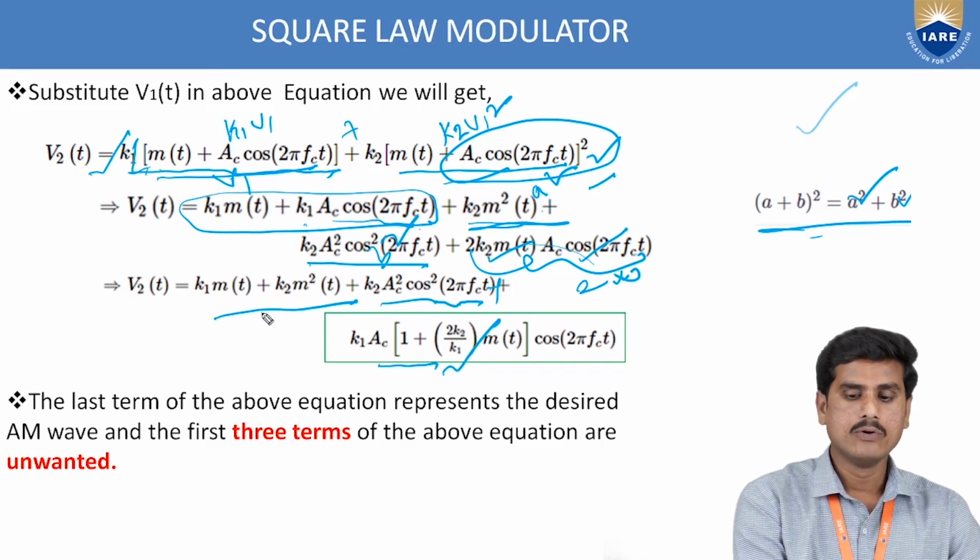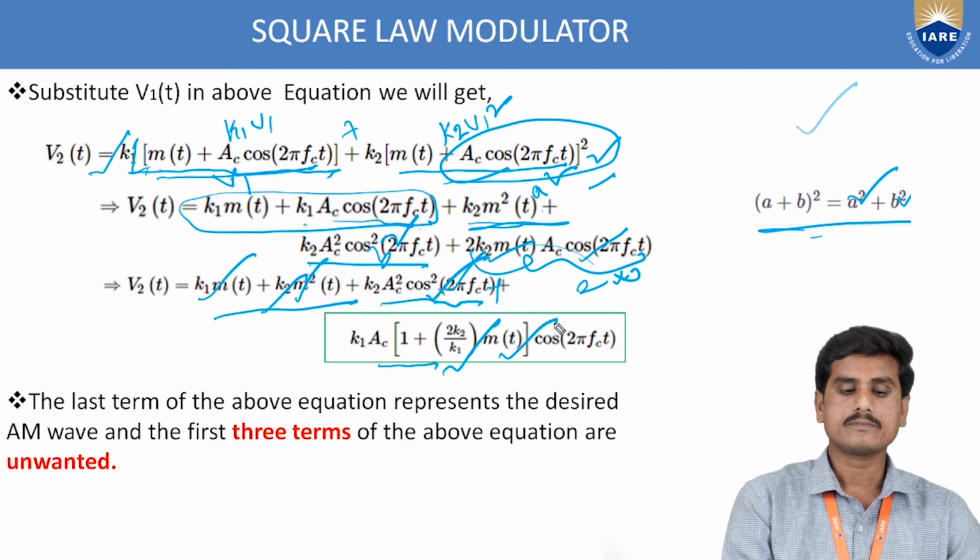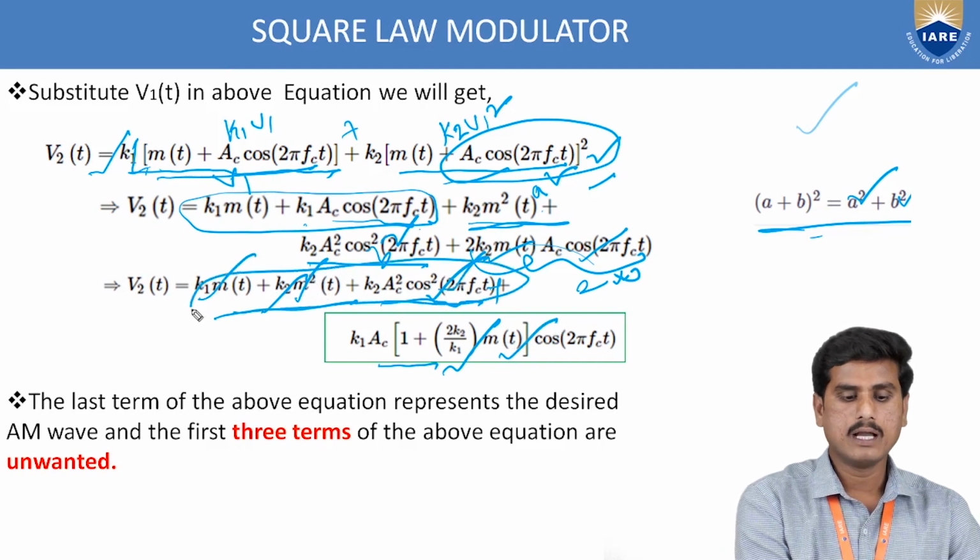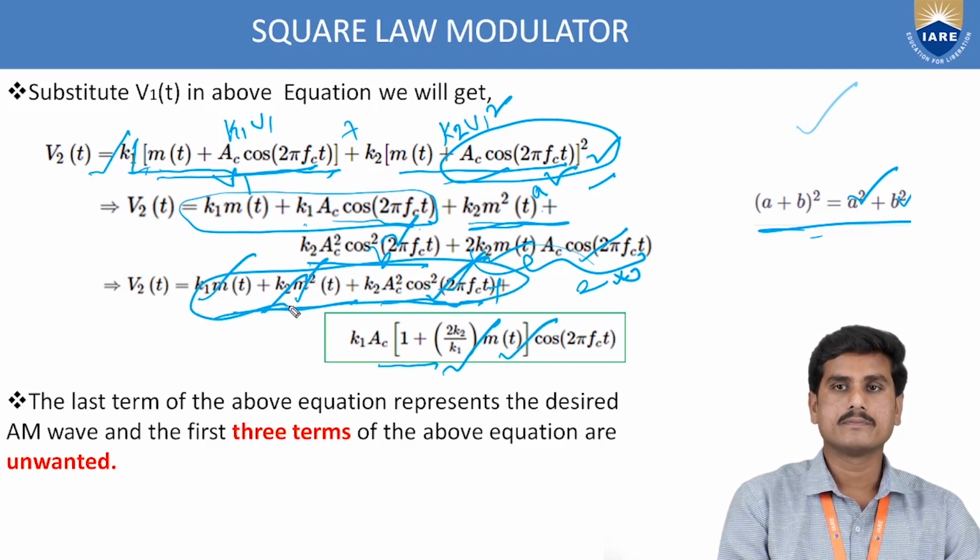See, here we have 4 different types of terms: 1, 2, 3, the 4. The first 3 terms are the unwanted terms, that is K1 m of t, K2 m square of t, and K2 Ac square cos square 2 pi fc t.